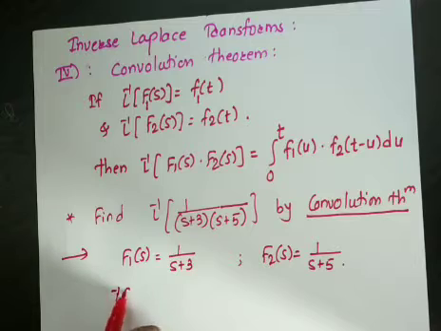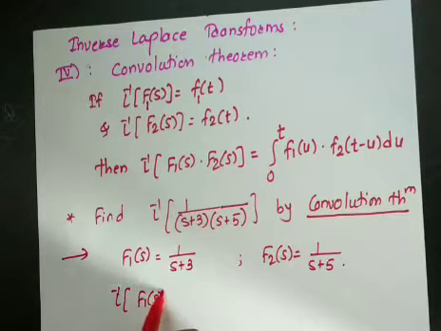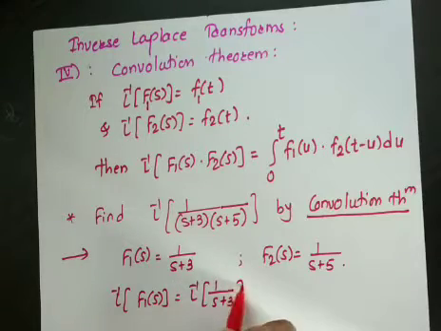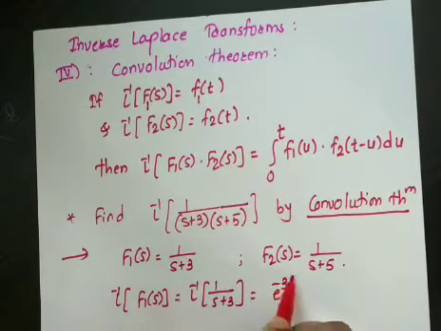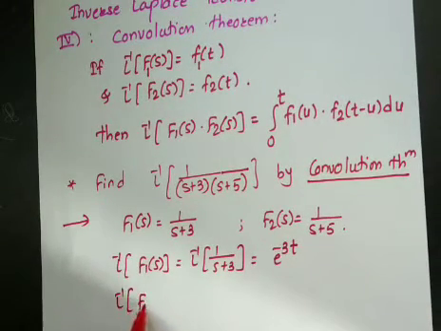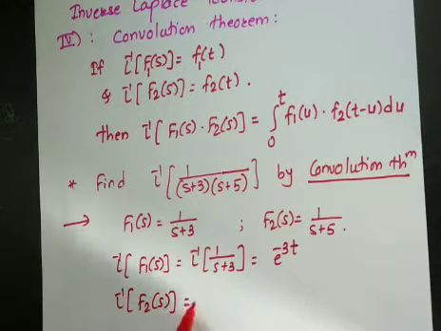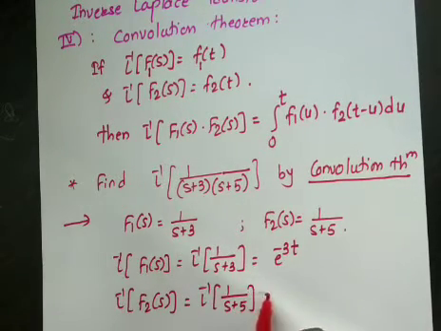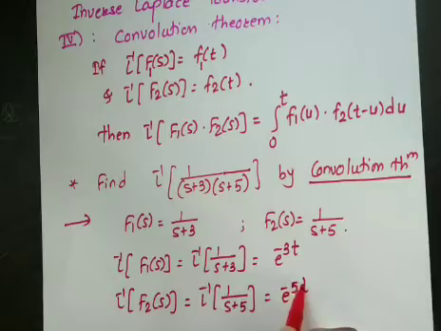Then we have to find Laplace inverse of f1(s), that is Laplace inverse of 1 upon s plus 3, and it is e raised to minus 3t. Next we have to find Laplace inverse of f2(s) also, that is Laplace inverse of 1 upon s plus 5, and which is e raised to minus 5t.